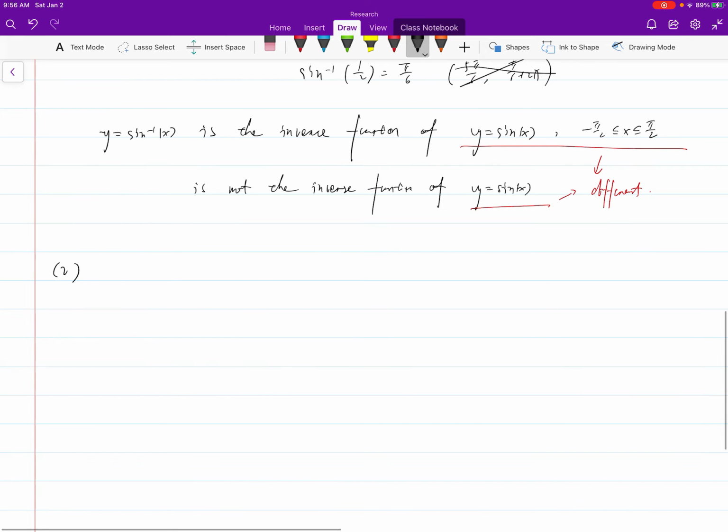Okay. Now what's the graph of the sine inverse function? I guess that's pretty easy to write down. So let's write down all the properties we know. Domain. Okay. Here. Sine x, sine inverse x.